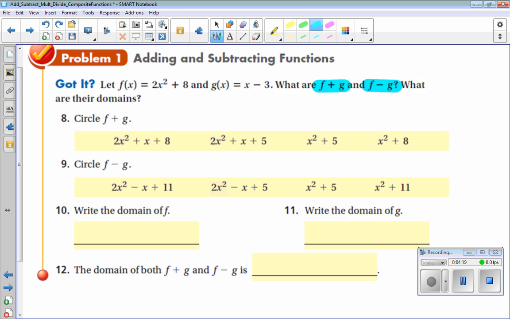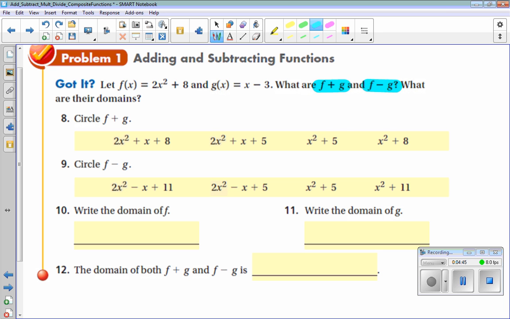F plus G, F minus G. Sometimes you'll see F times G. You're also going to see something called F circle G. That stands for F of G, which is a composition. We're going to learn that soon. And G of F. Inverse. We're going to learn a lot of different notation. What I highlight is what I want you to write.